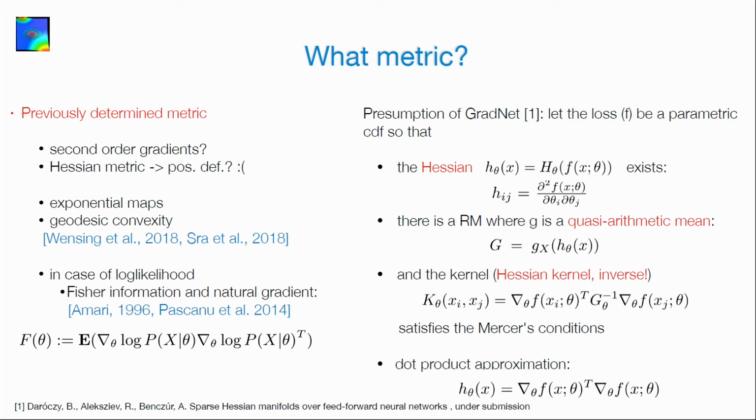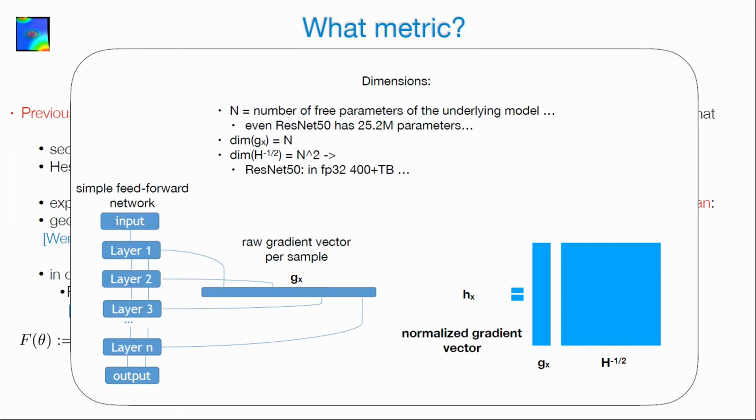The metric will be a quasi-arithmetic mean over the Hessian, where we are stopping at points where it satisfies the Mercer conditions. It's very important because a Hessian is not positive definite at every point. We need to have a positive definite metric. Obviously, we can skip it, like with pseudo-Riemannian metrics, but it would be easier to stop at some points where we know. And we can approximate it via dot products.